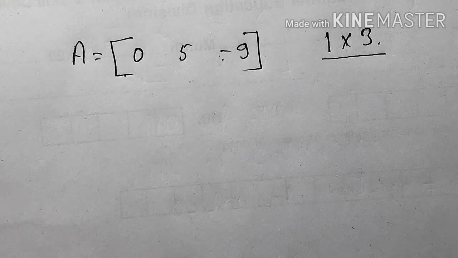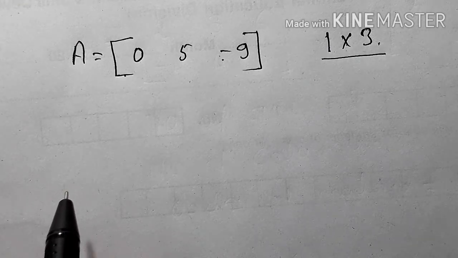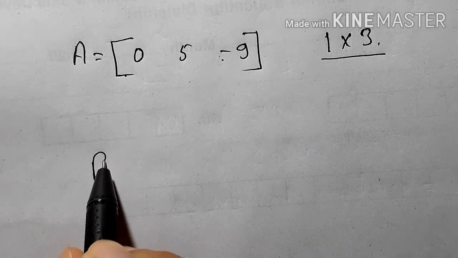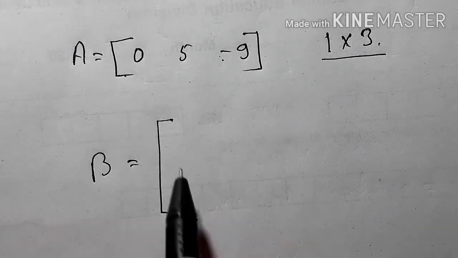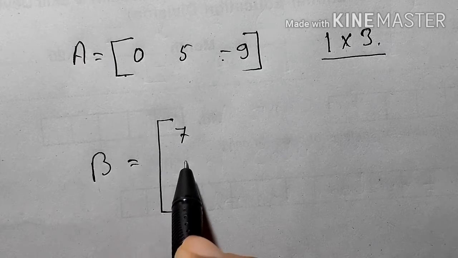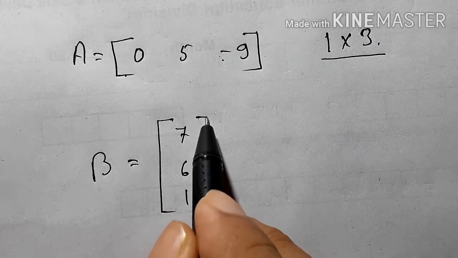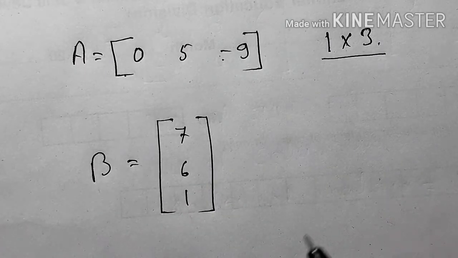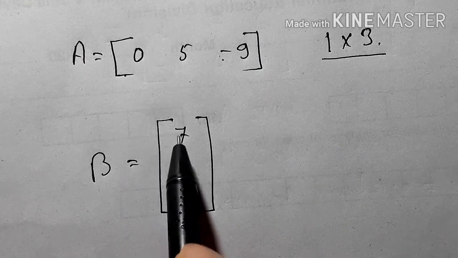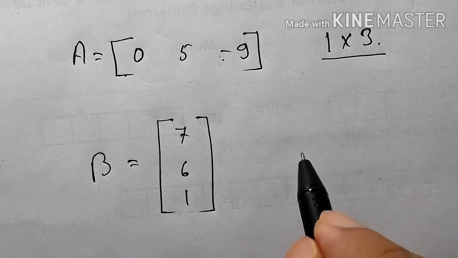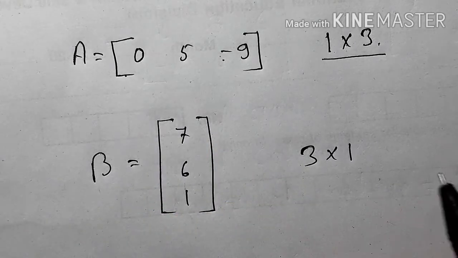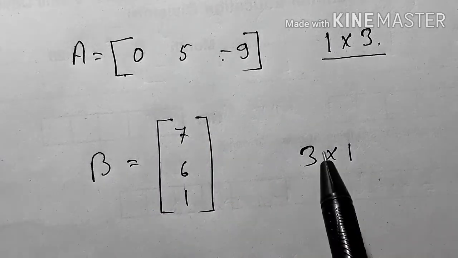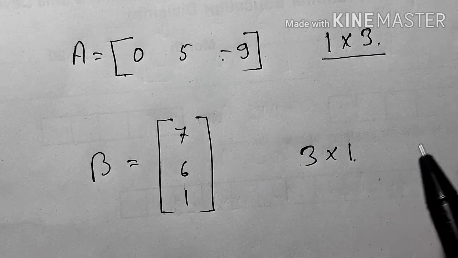Next topic, column matrix. Now consider matrix B like this: 7, 6, 1. Here the number of rows is 3 and the number of columns is 1, so the order of this matrix is 3 into 1.